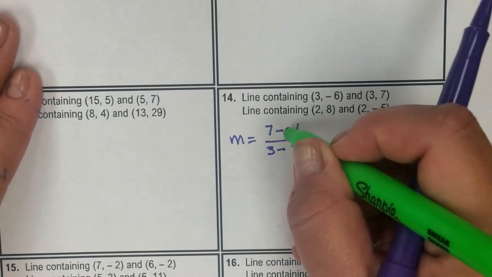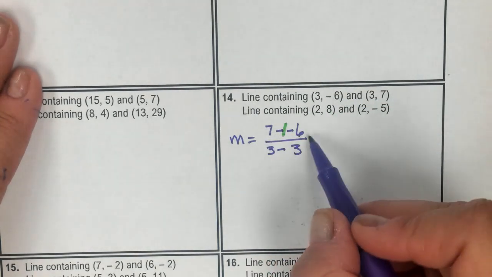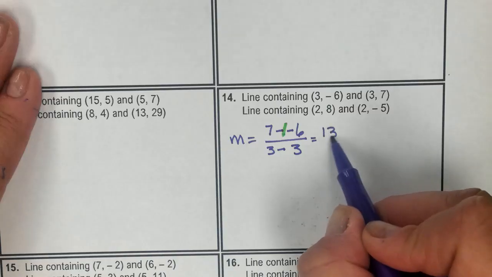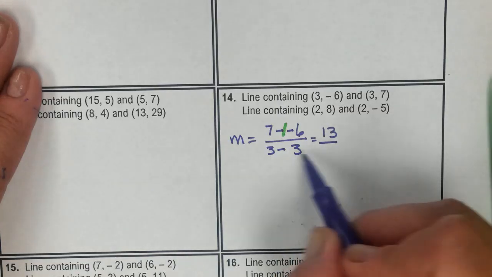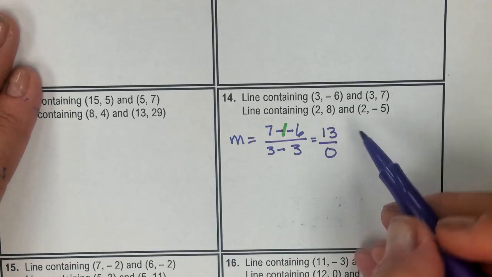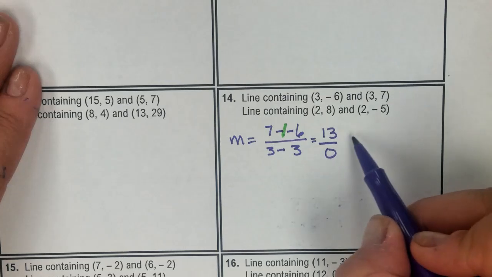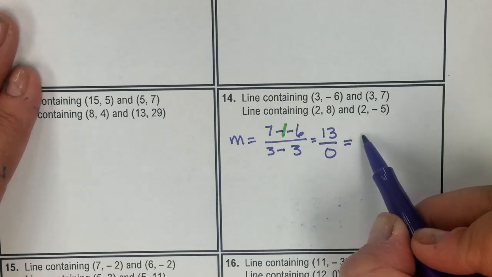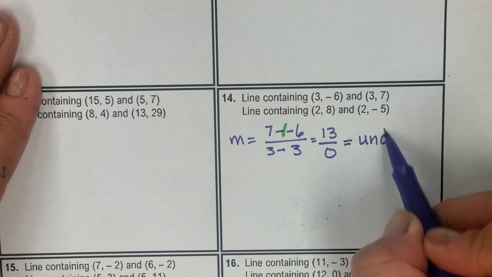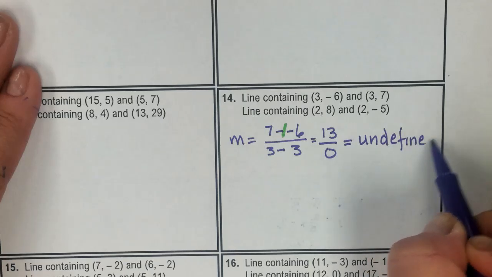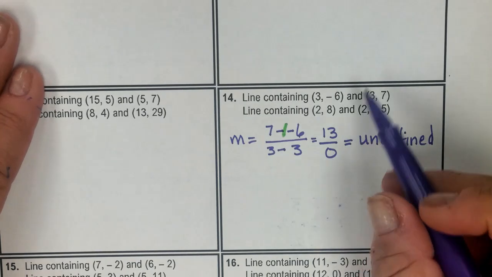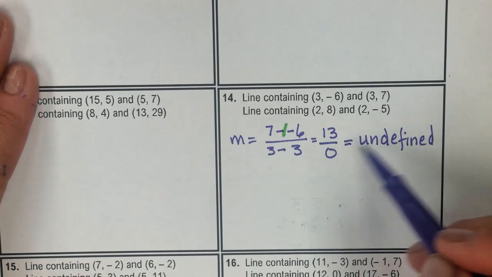This becomes a positive, so 7 plus 6 is 13. 3 minus 3 is 0. Anything divided by 0, we call that undefined. If anything's being divided by 0, it is undefined.